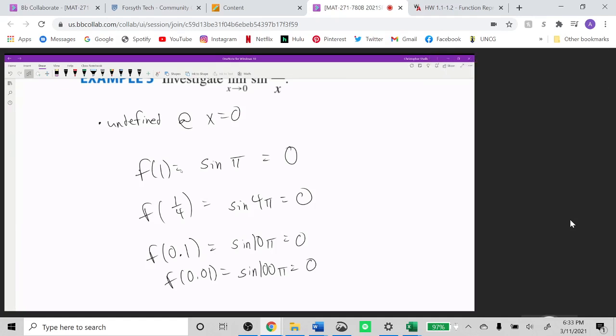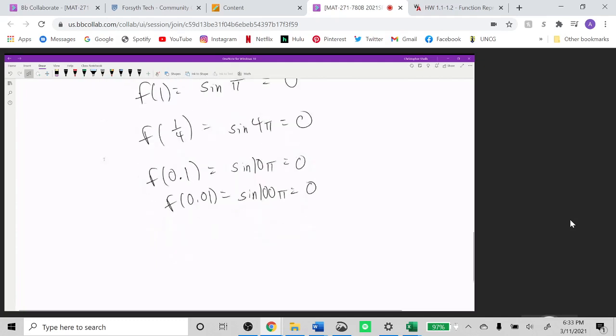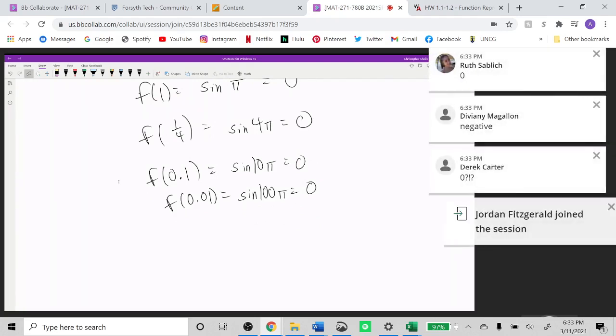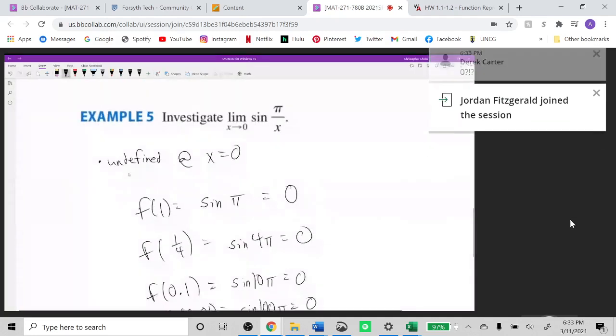Sine of any integer multiple of pi is always 0, because those are the far left and far right portions of the unit circle, right? So, on the basis of this, what do we want to guess that the limit is then? We want to guess that this limit is equal to 0.